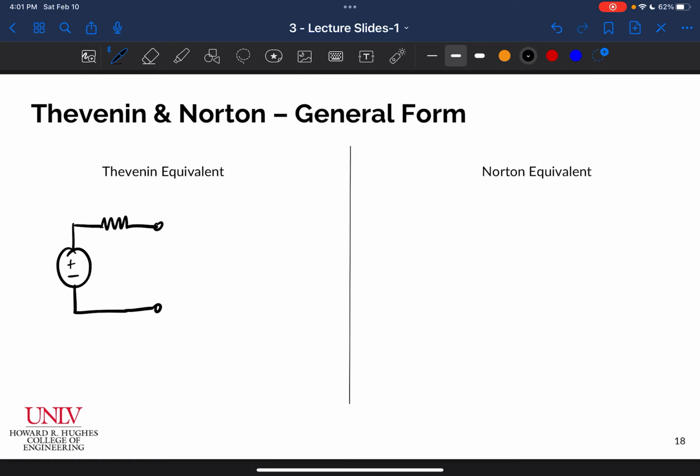Basically it means if I have some resistor here, I'm going to call this my load. I'll probably have to introduce the concept of a load as well. Usually the load is what we're interested in powering. So if I'm interested in charging a cell phone, my load would probably be a battery. I'm going to be interested in sending current into the battery to charge it.